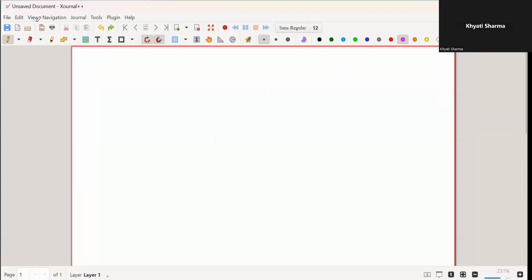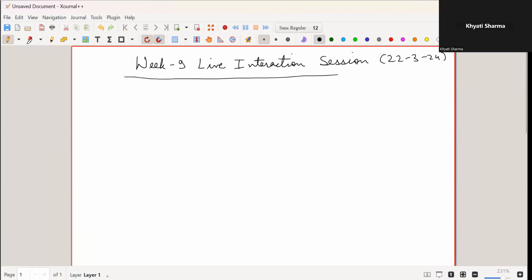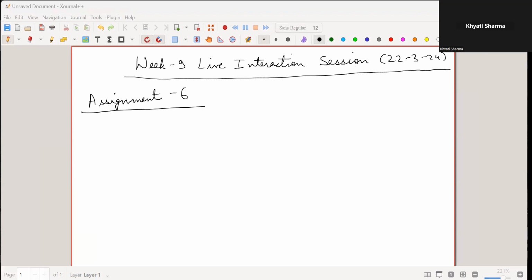It's week 9, 22nd March, I guess. We have seen some problems of assignment 6, and we will first continue with the remaining problems of assignment 6, and we will try to finish assignment 7 also. So I will paste question number 6 here.